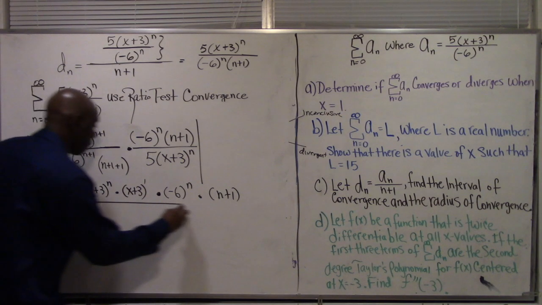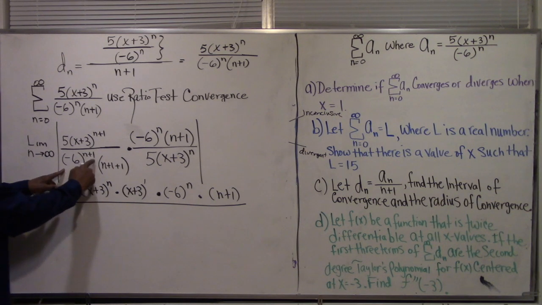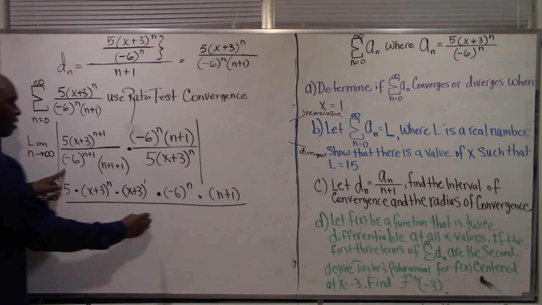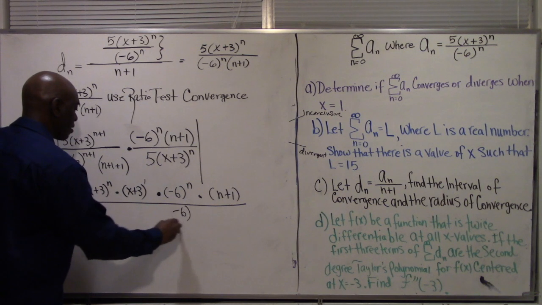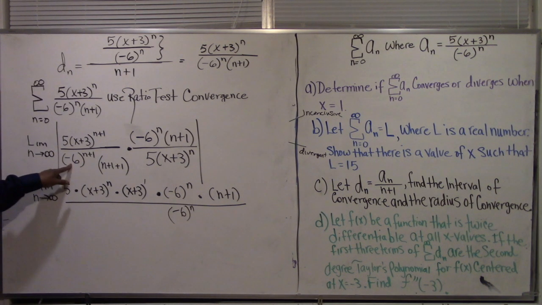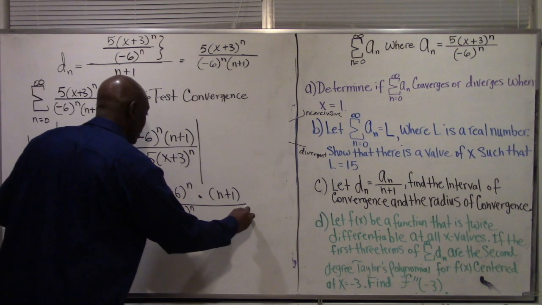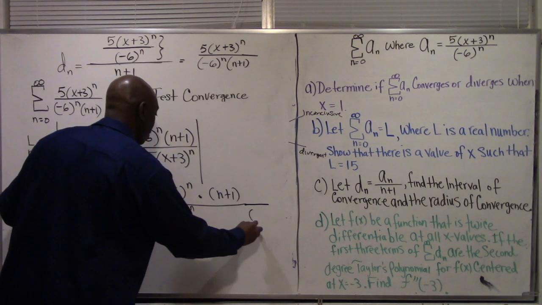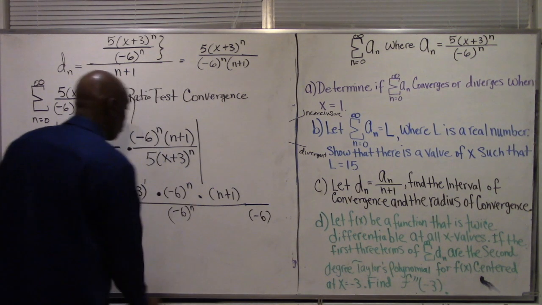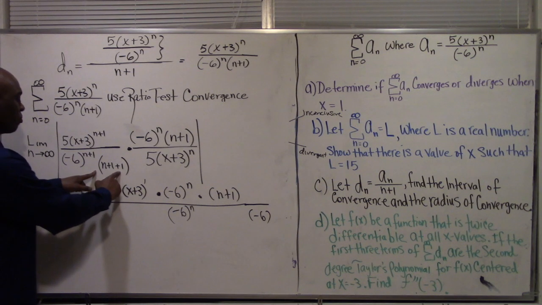All divided by. I'm going to line some things up here. See, I got (negative 6) to the n plus 1, so it's (negative 6) to the n. I'm going to write it right here. Negative 6 to the n. And then I have (negative 6) to the power of 1. And I'm going to write that off out of the way somewhere. Now I have n plus 2.